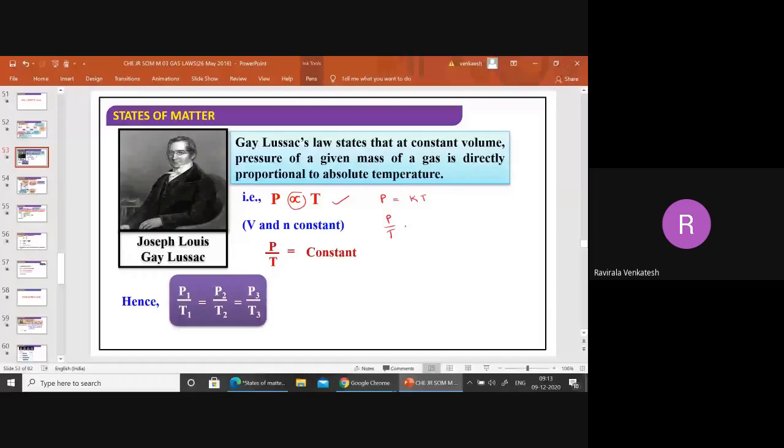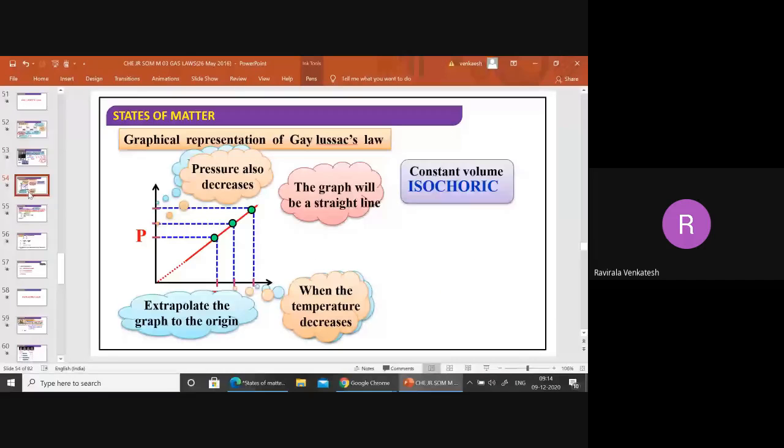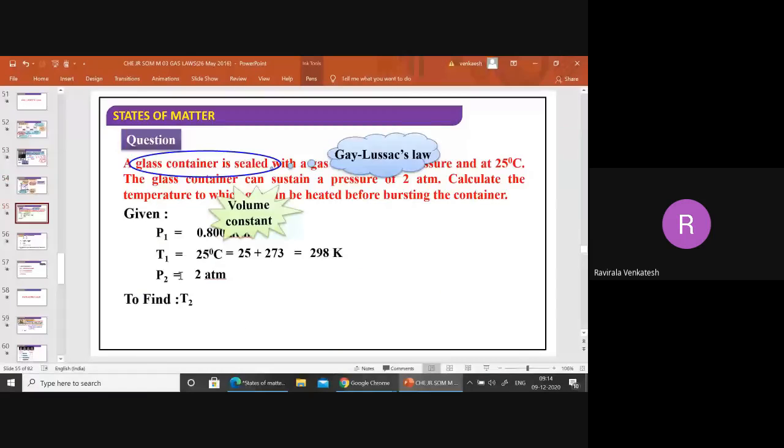So based on that, I can write P1 by T1 is equal to P2 by T2. Otherwise, you can also write P1 by P2 is equal to T1 by T2. Based on these formulas, you can do n number of problems. Understood? For example, shall we take one problem?